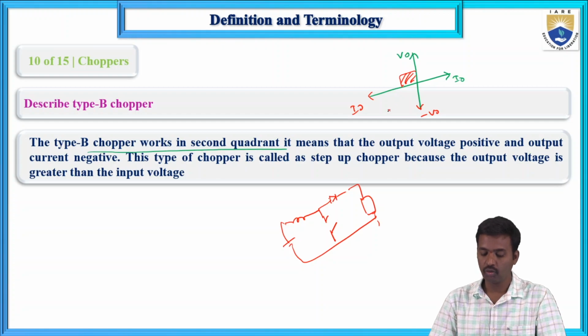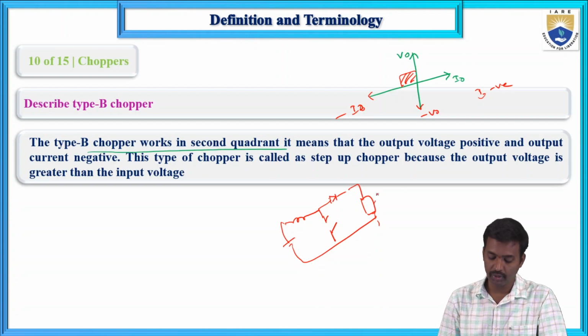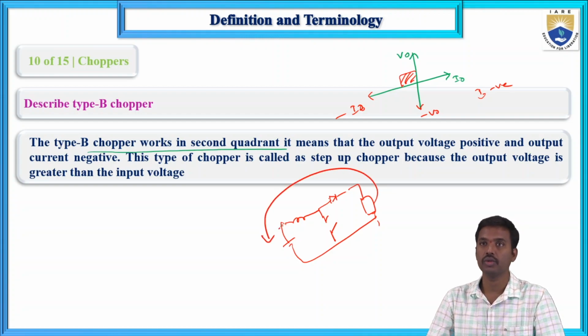Here in the second quadrant, current is negative. I naught is negative means current flows from the load to the source, so power flows from the load to the source.